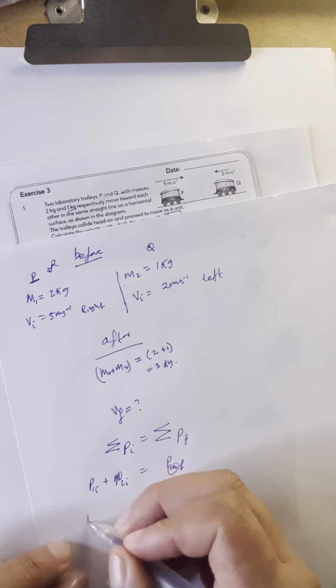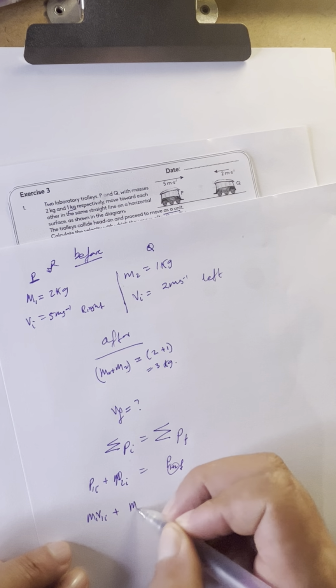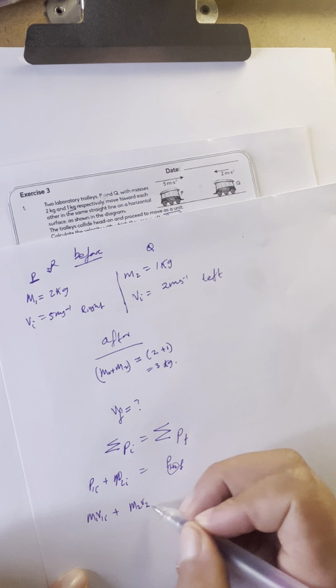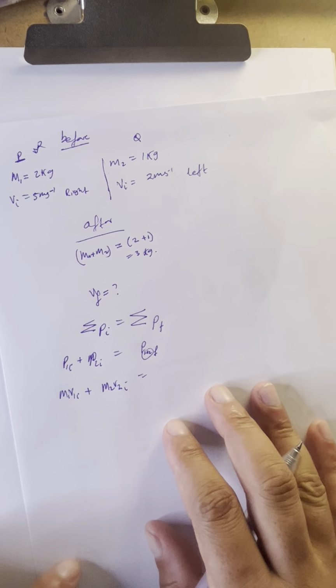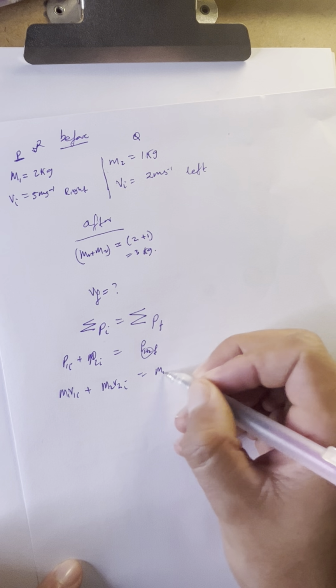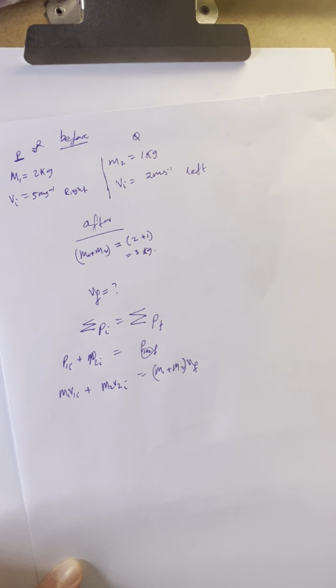So this is mass 1 velocity 1 initial plus mass 2 velocity 2 initial equals mass 1 plus mass number 2 and final velocity.